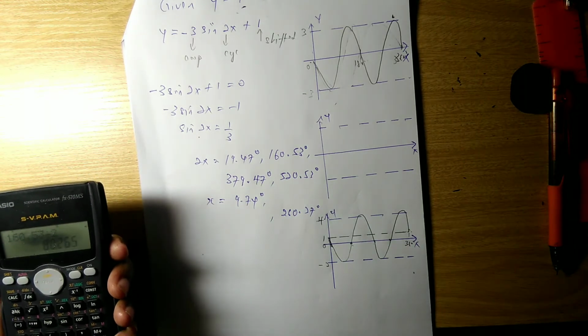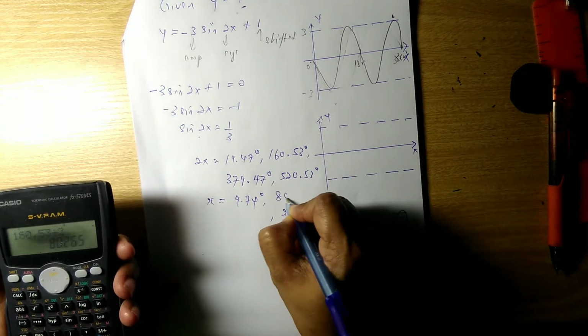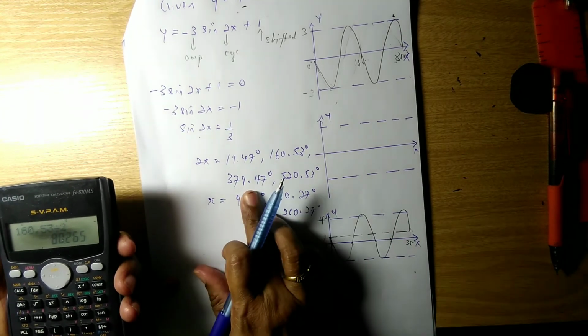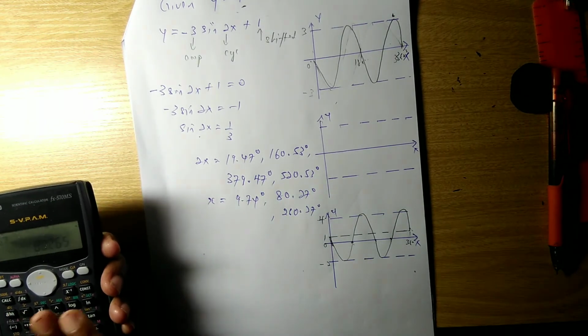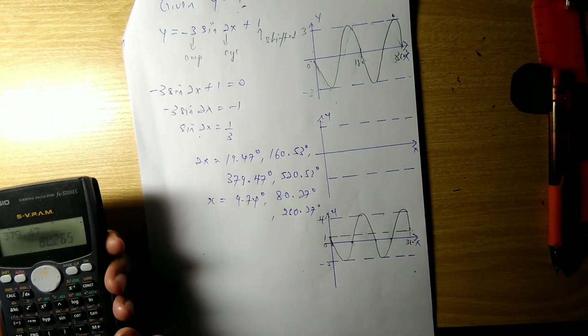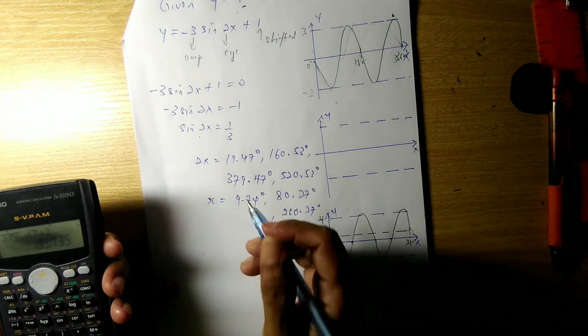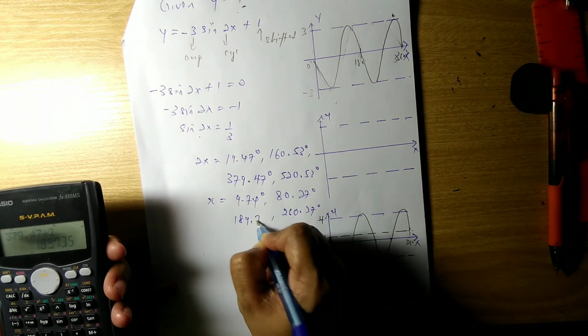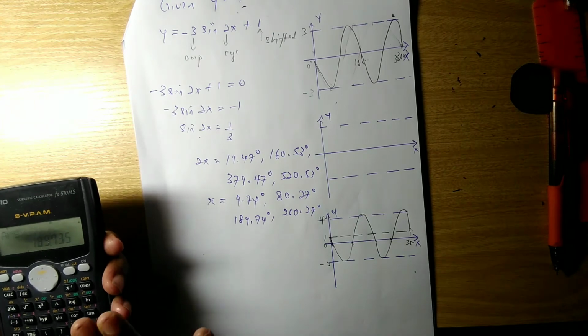Lastly, 379.47 divided by 2, I should get about 189.74, and 520.53 divided by 2 gives 260.27. Alright, so these are my 4 angles.